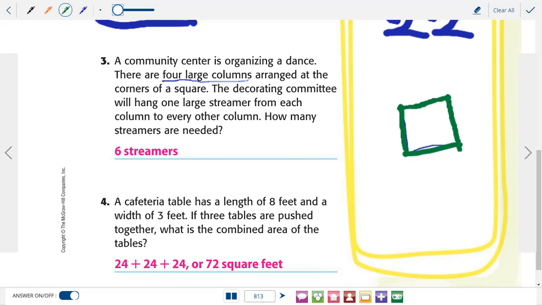Now, they will hang one large streamer for each column to every other column. So from here to here, they will put one. From this place to this, they will put one. From this place to this, they will put one. Okay, so this will reach until here, this until here, this until here, and this until here.